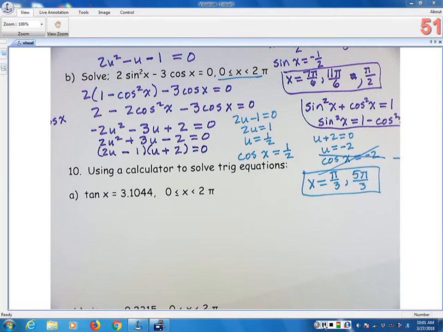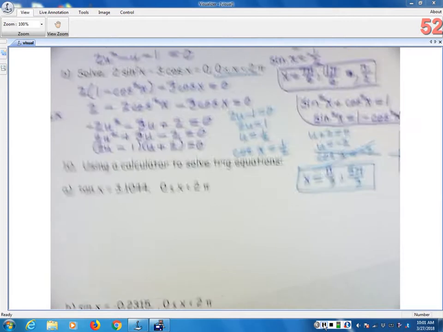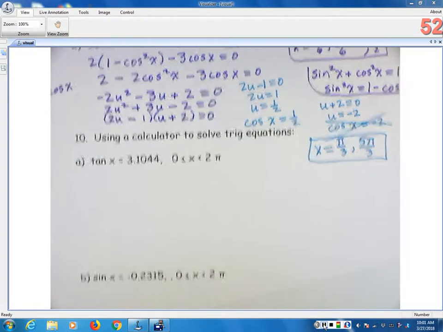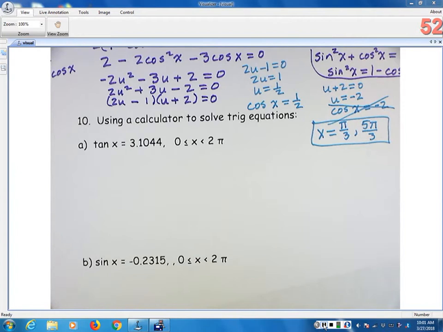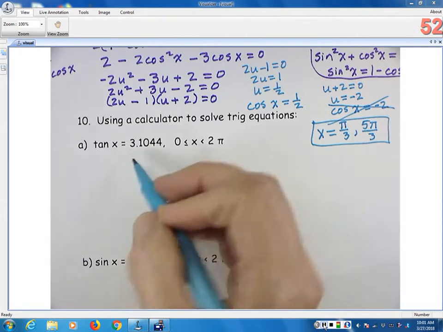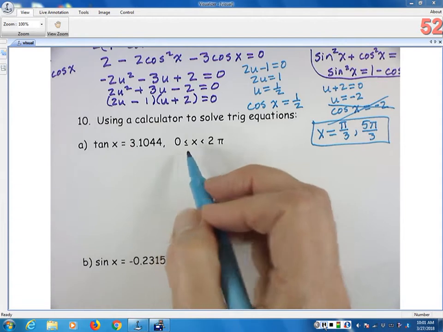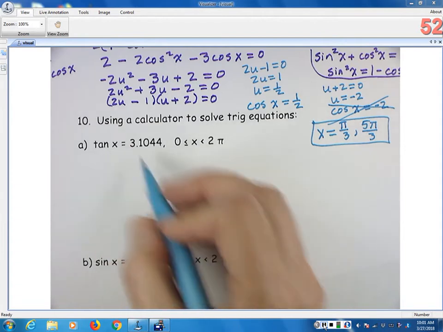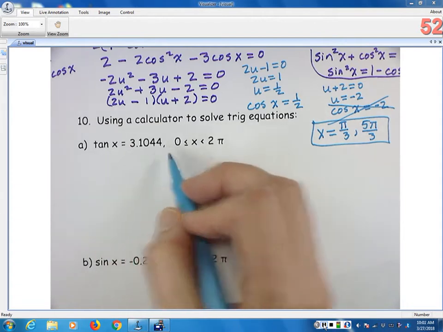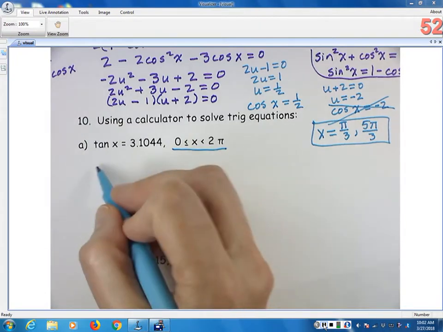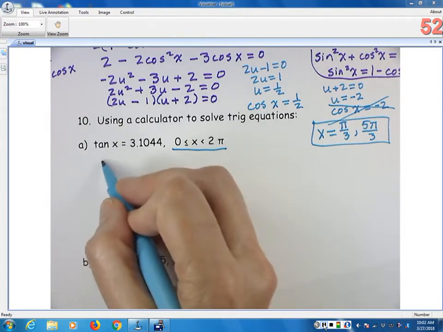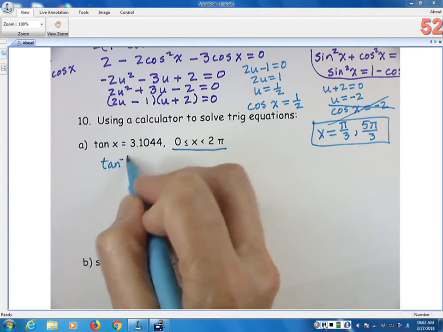All right, now we're going to use our calculator. How do you use your calculator to solve these? There's a couple questions like this on the test too, just using your calculator. So if we've got tangent x equals 3.1044, and we want the answers between 0 and 2π, we're going to find tangent inverse on our calculator.